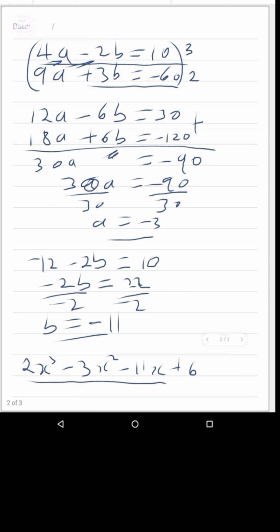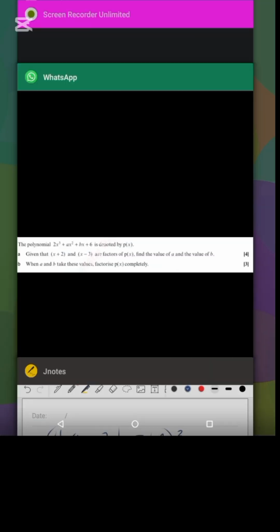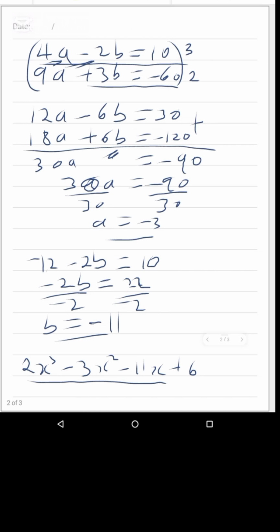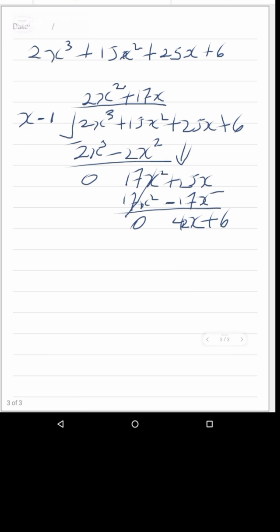Now we need to solve question b for the polynomial, which says when a and b take these values, factorize p(x) completely. So we can use either of the factors, this one.